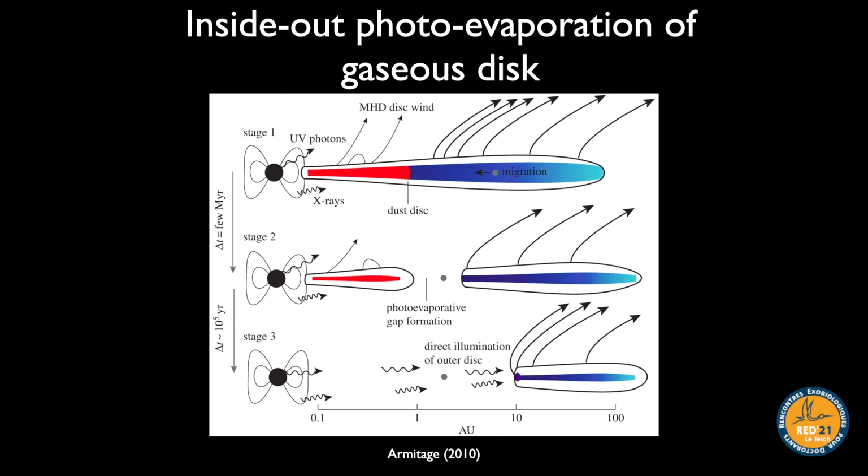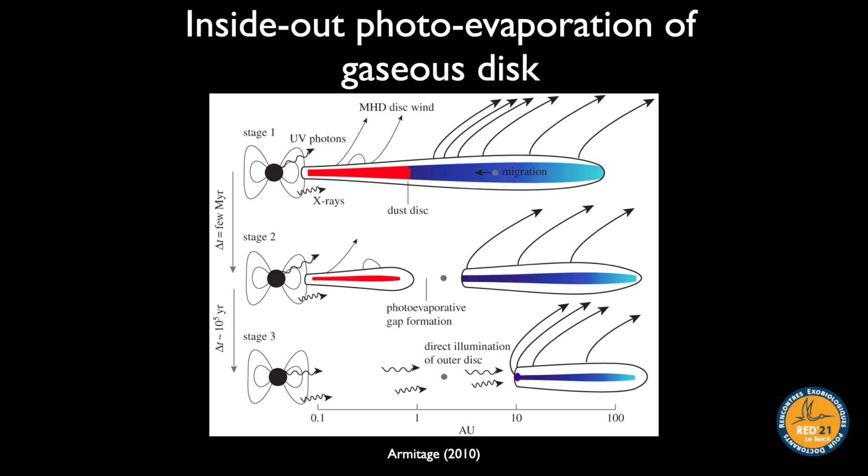But then the late phases here, what the disks do at the late phases can matter too. And so one key process late in the game is that disks evaporate. And so we often talk, like I talked about before, disks go away after a few million years. What does that mean? Well, the predominant thinking is that disks actually evaporate from the inside out.